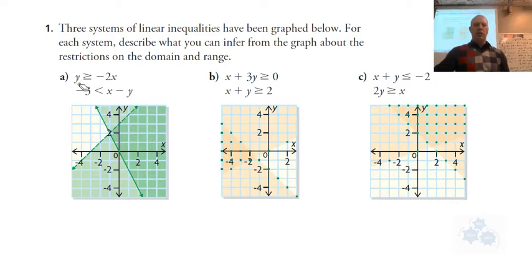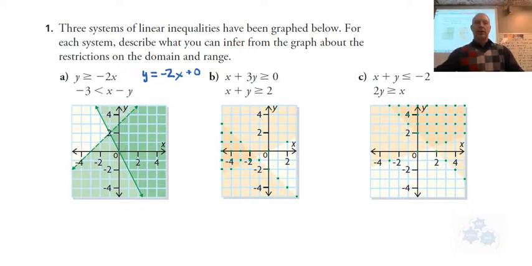But anyways, so y is greater than or equal to negative 2x. The equation that would be the boundary would be y equals negative 2x. So is y equals negative 2x one of these lines, do you think? Well, we have an intercept of 0. You see that?